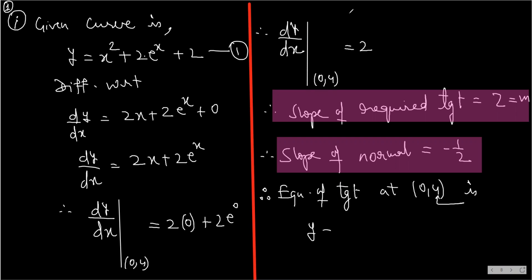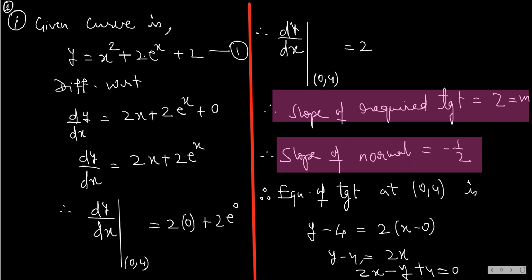So y minus 4 equals m, m is 2, into x minus 0. So you got y minus 4 equals 2x. Shift everything to the right. So 2x minus y plus 4 equal to 0. What is this, students? This is the equation of the required tangent.